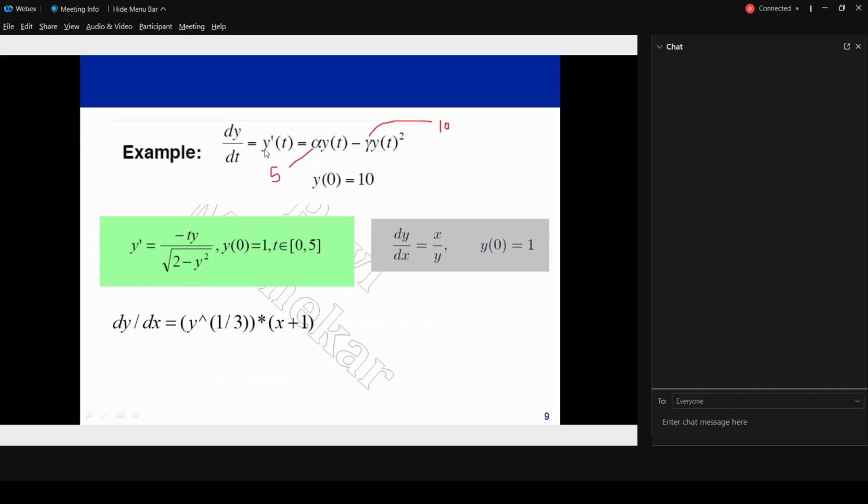So y dash of t is basically dy by dt. The equation is alpha y of t minus gamma y of t square, where alpha's value is 5 and gamma's value is 10. This is a differential equation of first order. We need one IVP, thus y of 0 is 10. Can you solve this? Write the script file and function files, and try to solve this.